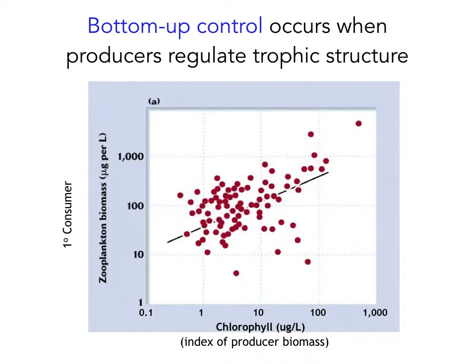This kind of bottom-up control is why upwelling zones, for example, like those off of the coast of California that we've talked about, are so productive. As nutrient-rich waters upwell, they provide needed and limited nutrients for producers, i.e. the phytoplankton.